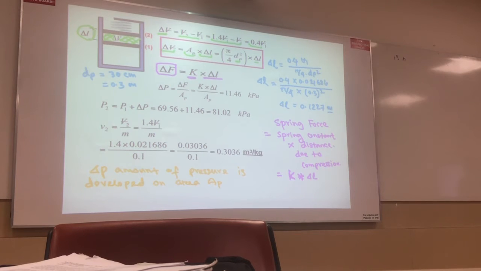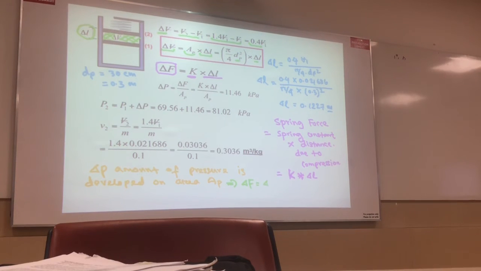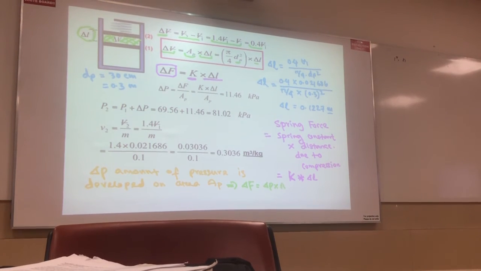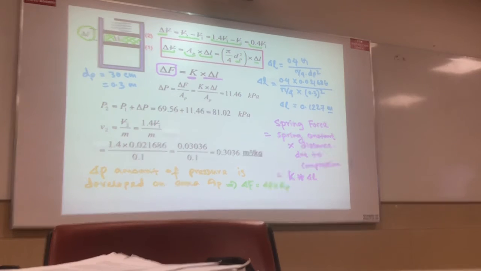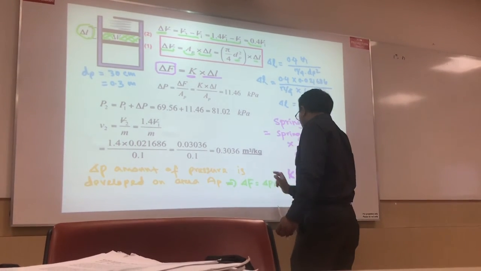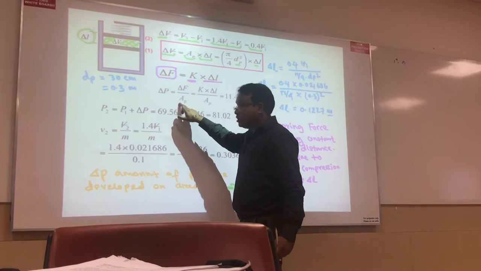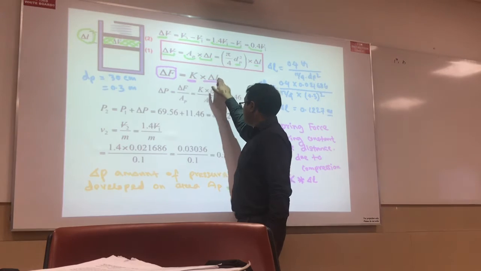Agree? That's why I can write delta F becomes delta P times area of piston. Exactly. So delta P becomes delta F by area of piston. What is delta F? K times delta L.